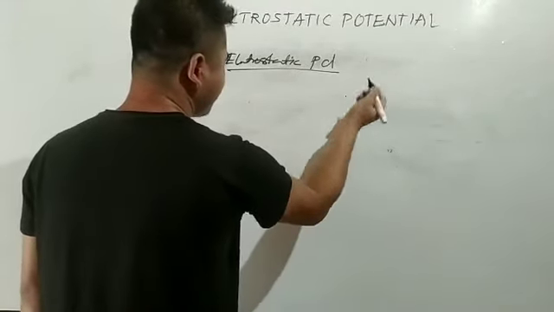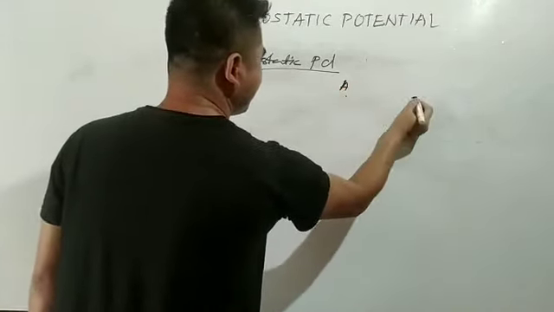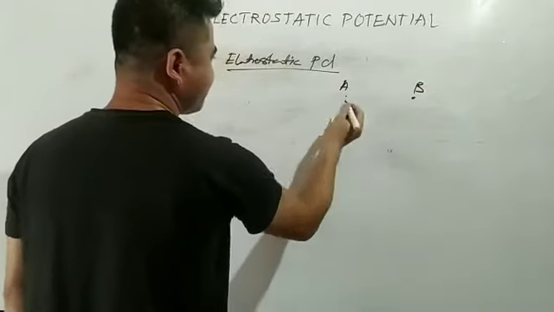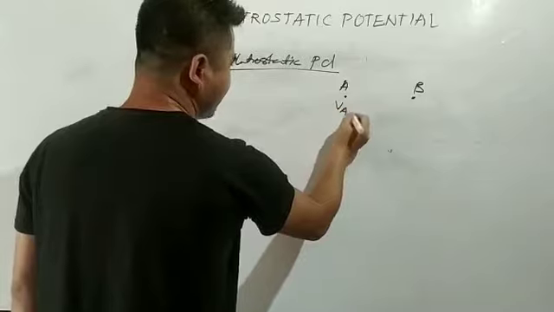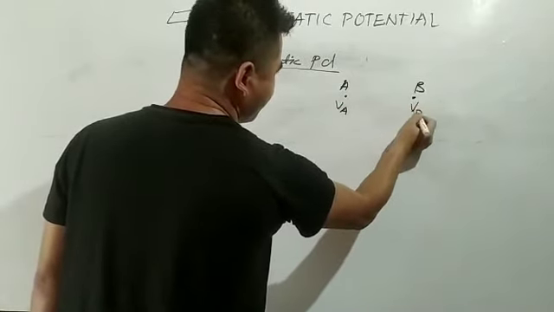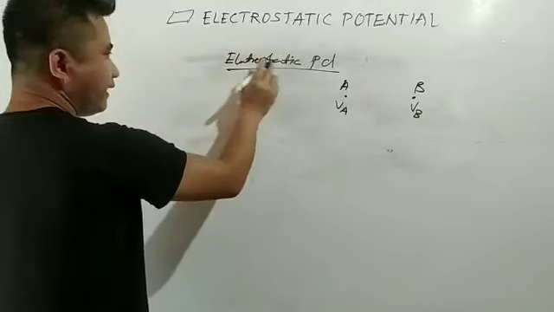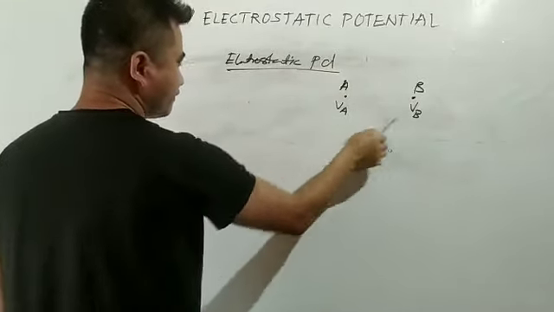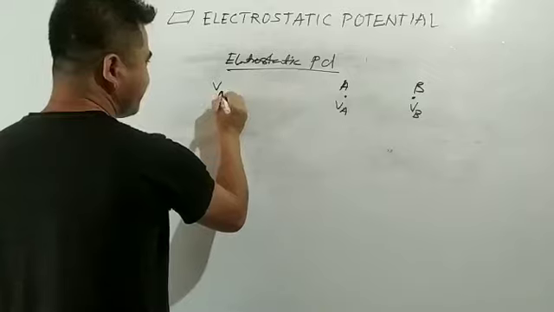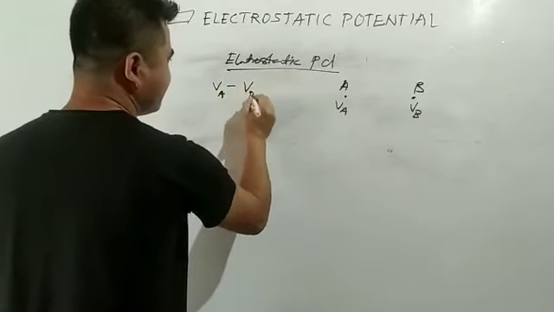Consider any two points, point A and point B. Let's suppose here the potential is VA and here it is VB. So electrostatic potential difference means the difference of these two potentials, VA minus VB.